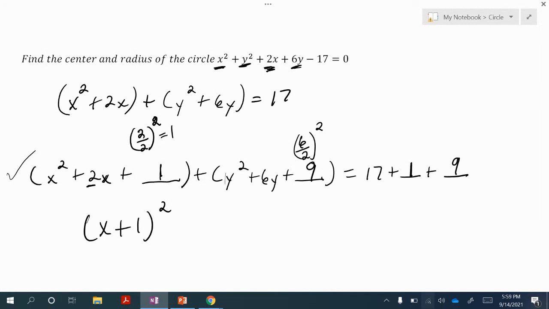That's what you call a perfect square trinomial. Plus, y squared plus 6y plus 9 is also a perfect square trinomial. We can factor y squared plus 6y plus 9 down to y plus 3 quantity squared.